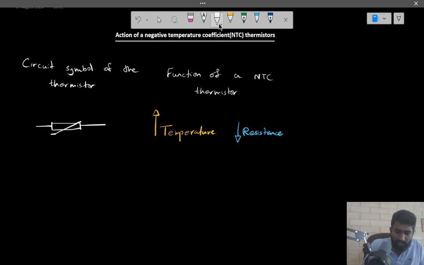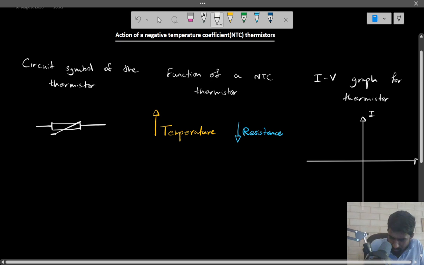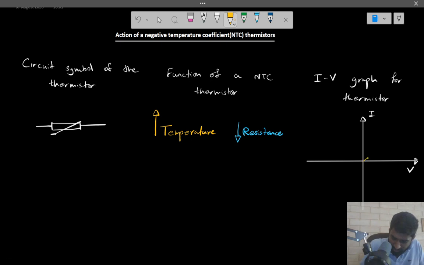So if I draw the IV graph of a thermistor, this is my y-axis, I, and this is my x-axis, which is V. And here, if you draw the graph, you get the graph like this.